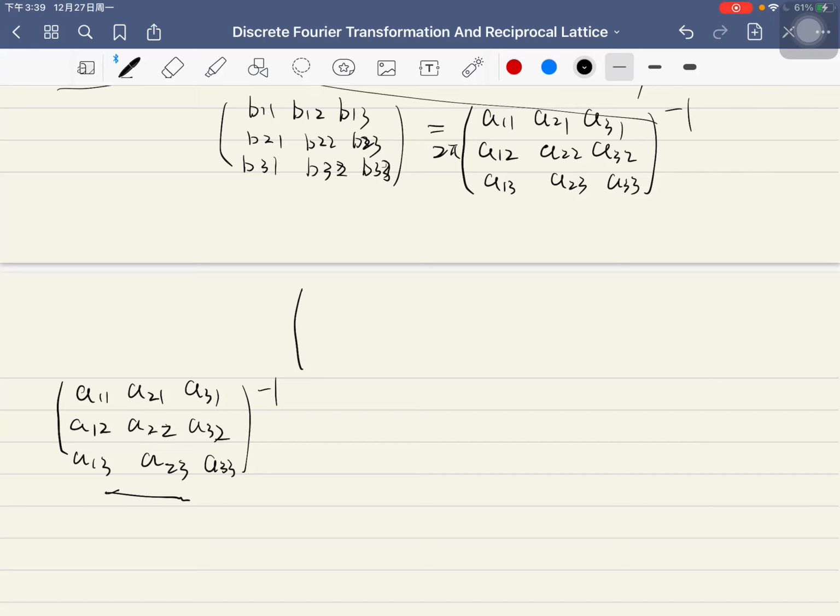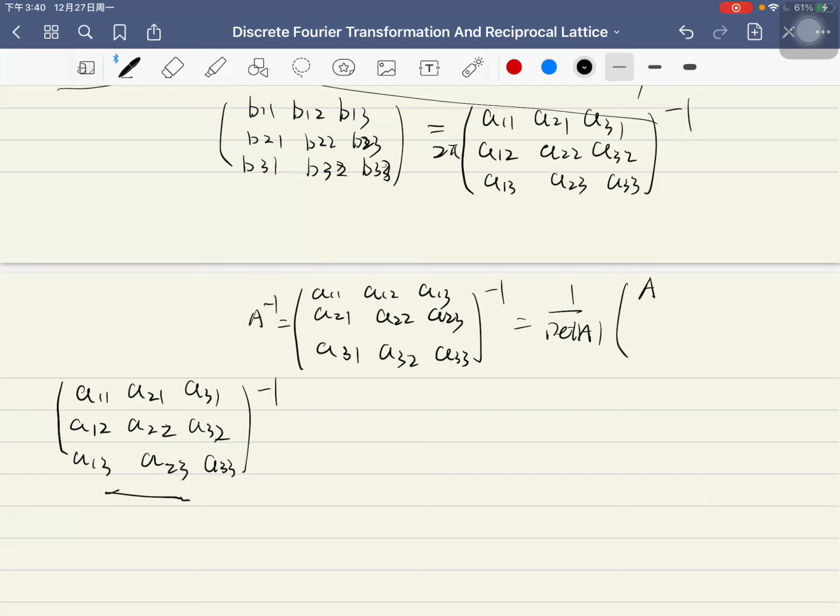So for any arbitrary matrix, with A11, A12, A13, A21, A22, A23, A31, A32, A33, the inverse is one over the determinant of A times the matrix of A11, A12, A13 with a transposition.